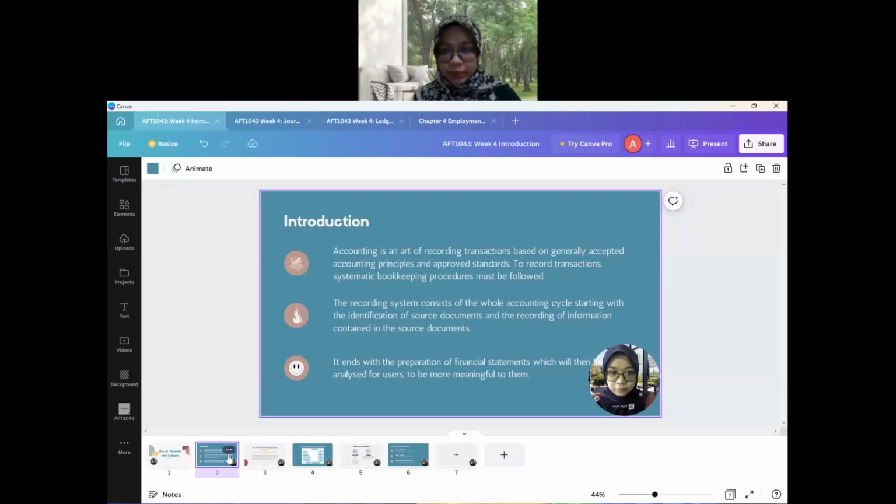Okay, but in practice, sebenarnya recording system of accounting, kita start dengan source document. As mentioned, kita ada contohnya receipt ataupun invoice ataupun debit note ke, credit note ke, ataupun cheque. So that is the source of document.